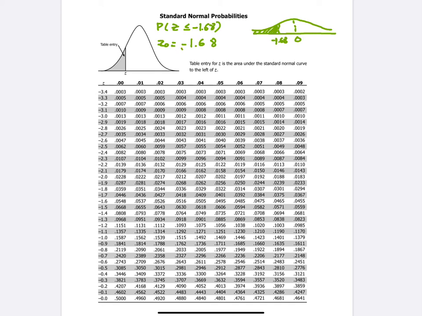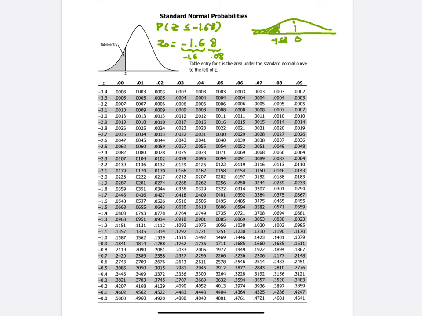And then the second part contains the second digit after the decimal point, which is this one. So here the two parts are negative 1.6 and then 0.08.